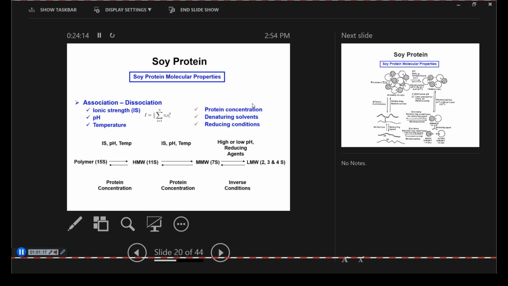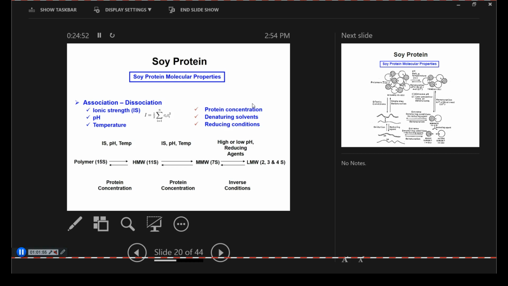If we decrease the salt concentration, that means we have more water available for hydrogen bonding. Then instead of the protein associating with each other via hydrogen bonding, like we said, the trimer and the trimer associate via hydrogen bonding and ionic interactions, they will be interacting with water more, since now the salt concentration is less. Then it will dissociate into individual trimers. Obviously, increasing the pH or decreasing the pH also results in dissociation because of charges.